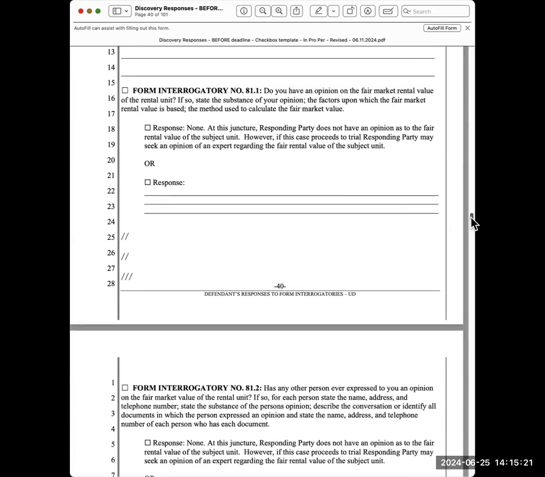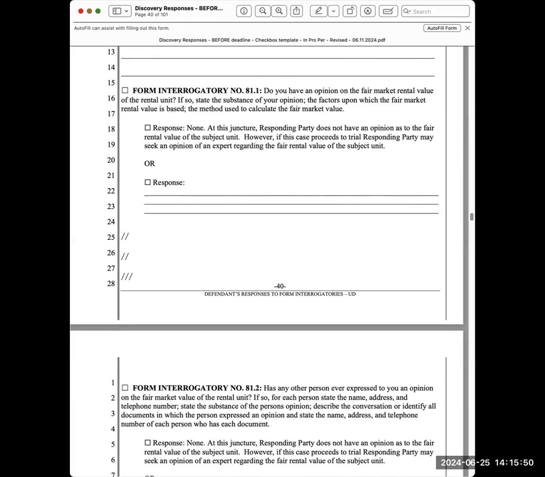Form interrogatory 81.1. Do you have an opinion on the fair market value of the rental unit? If so, state the substance of your opinion, the factors upon which fair market rental value is based, and the method used to calculate the fair market value. And the way that the EDN attorneys have put in their responses here is, if you're not an expert and you don't have an opinion on the fair market value, check here.